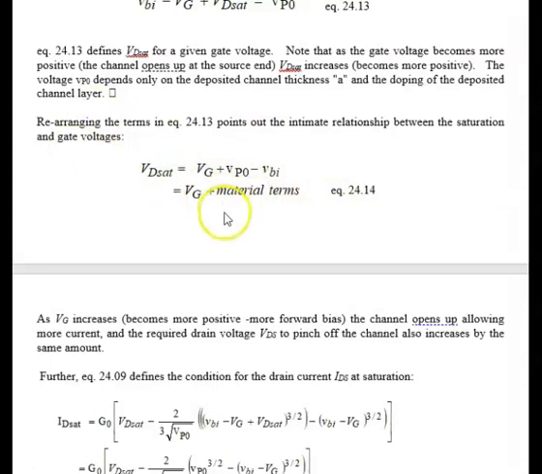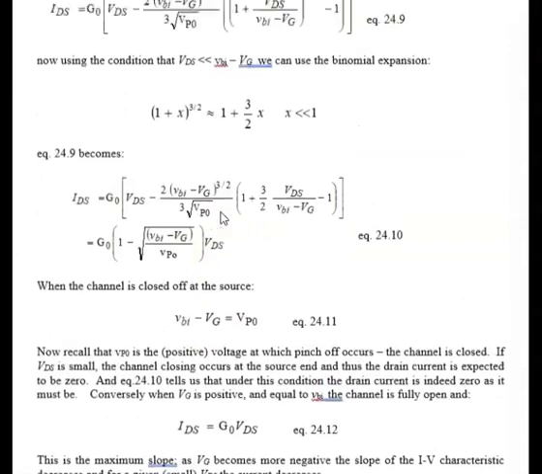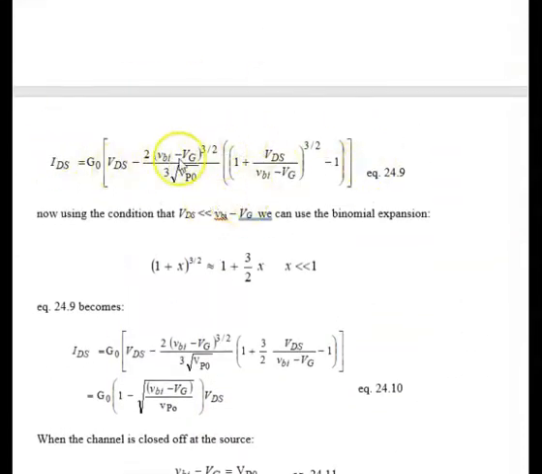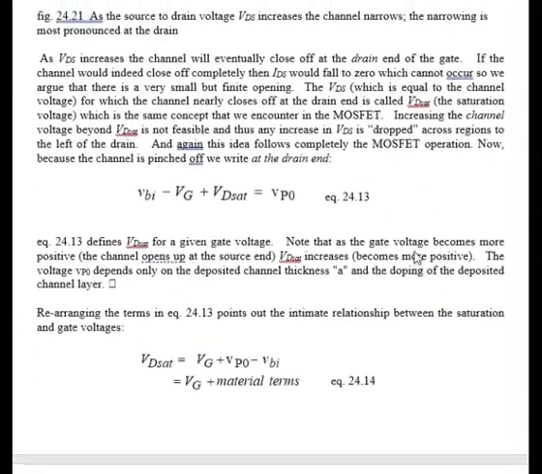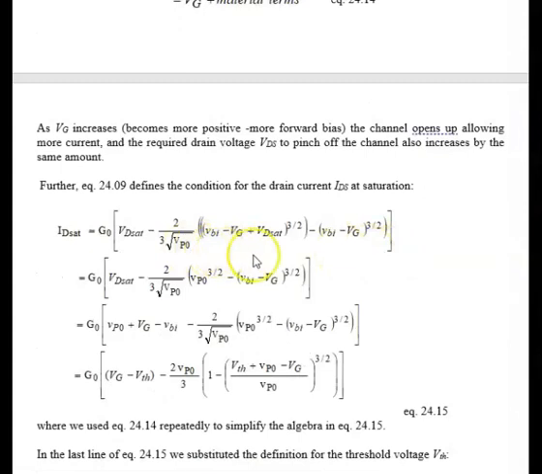So we go back to 24.9, somewhere here, and we rewrite this thing, and we're going to see what we can pull out. Okay, that's right here. Whenever we have VDS, we're going to substitute VDSAT. So this is the equation for the saturation current as a function of the saturation voltage, including the gate voltage, the pinch-off voltage, and this built-in barrier VBI.